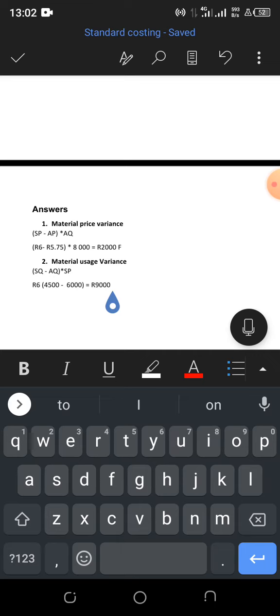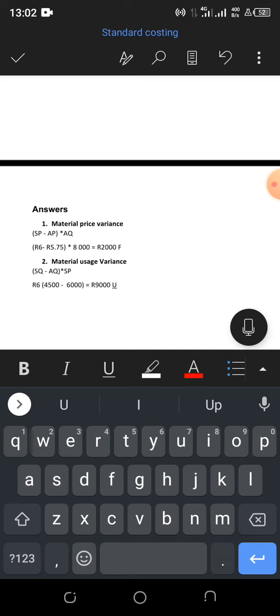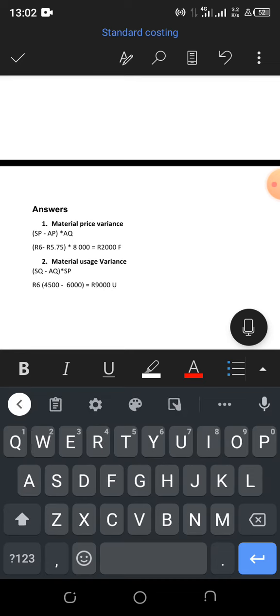This is unfavorable. Why? Because the difference, we call it a wastage. The difference is a wastage, which means that in this case it's unfavorable because we wasted more than what we were supposed to use. Okay, so that's how you should interpret this question.